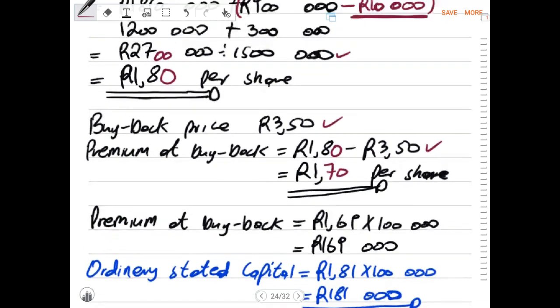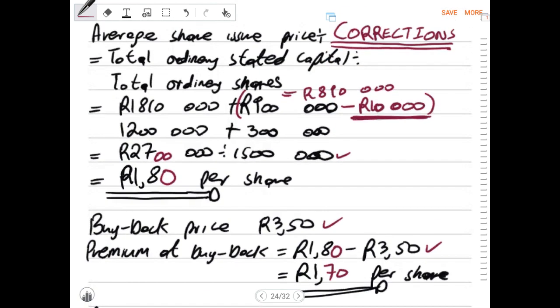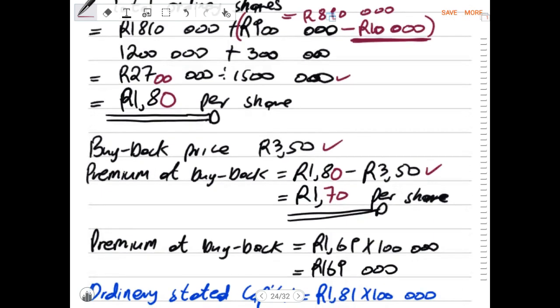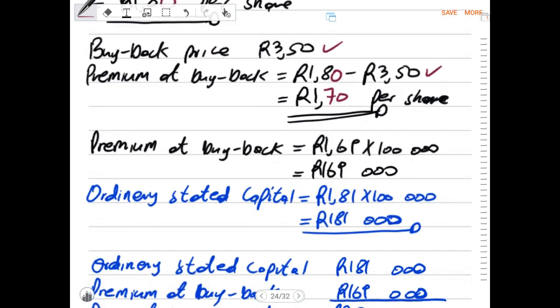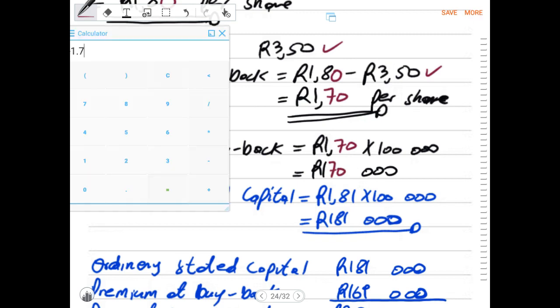That's why it must be subtracted here. Therefore, once again, our premium at redemption will change from 169 to 170. It will be 170 times 100, and we will get 170,000 rands.